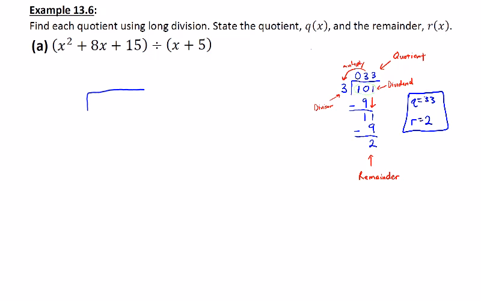So for this example, the dividend is x squared plus 8x plus 15, and the divisor is x plus 5. So let me put those where they belong, with x plus 5 out in front, and that's how we make our setup. Looks identical to what we did with whole numbers.